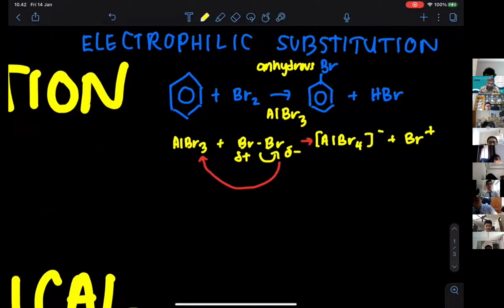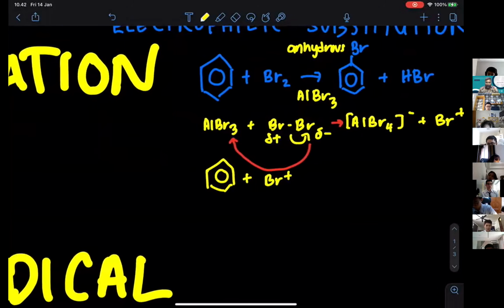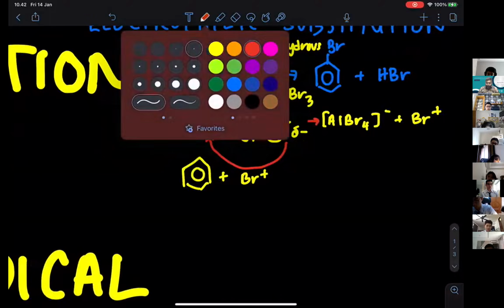Next, you put the benzene, and we are going to bring the Br plus over here, which is going to be our electrophile. This electrophile will attack the benzene ring. Make sure you show it properly.